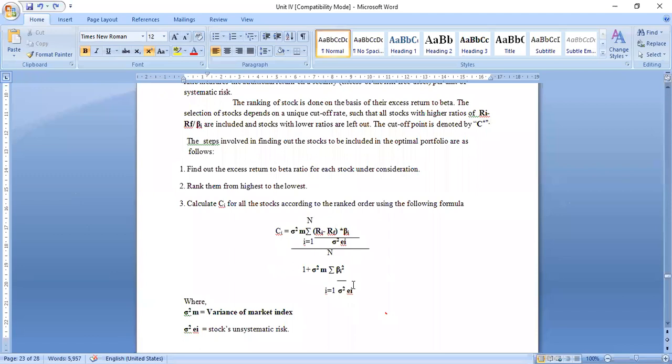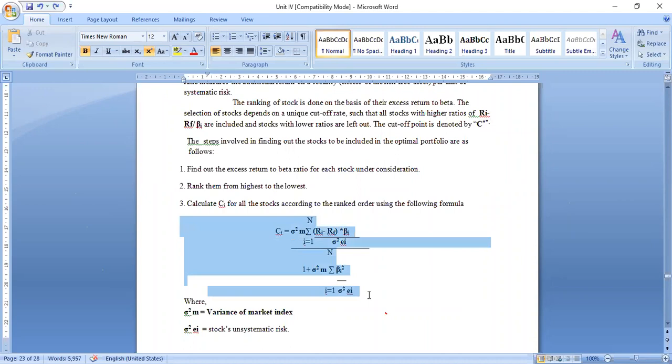Otherwise it would be very tedious, because when we speak about a portfolio, you will have more than 2, 3, 4 securities, or even 7, 8 securities, and it becomes difficult to put all the values in the formula. That is why we break the formula and calculate it separately in different columns, and only the final values are inserted in the formula.